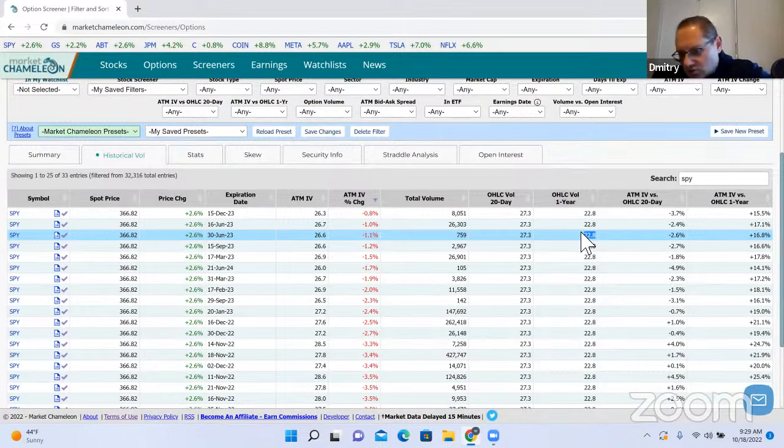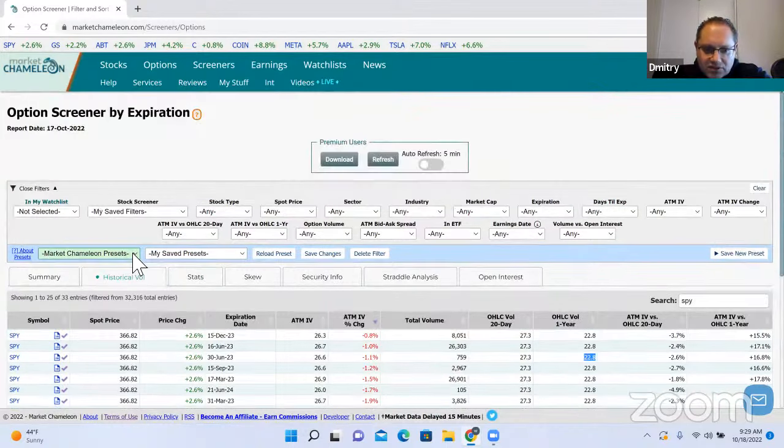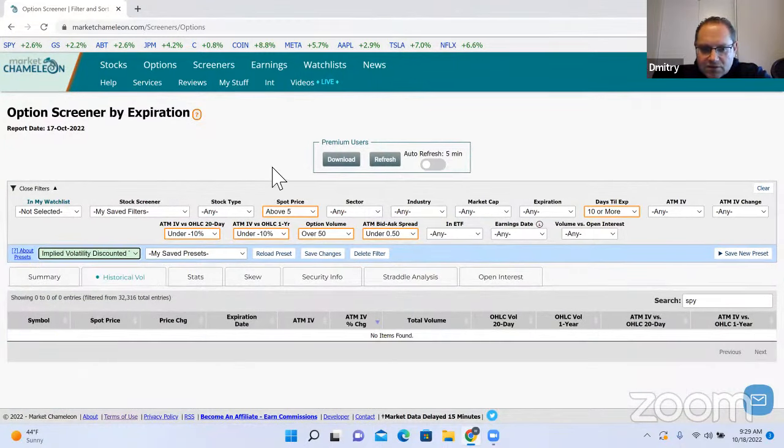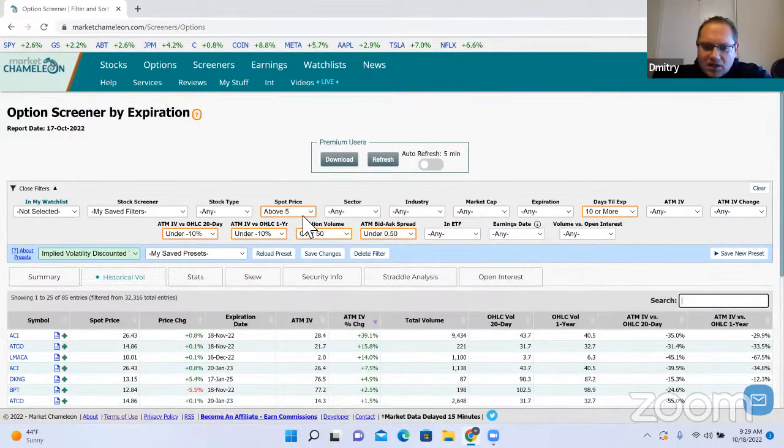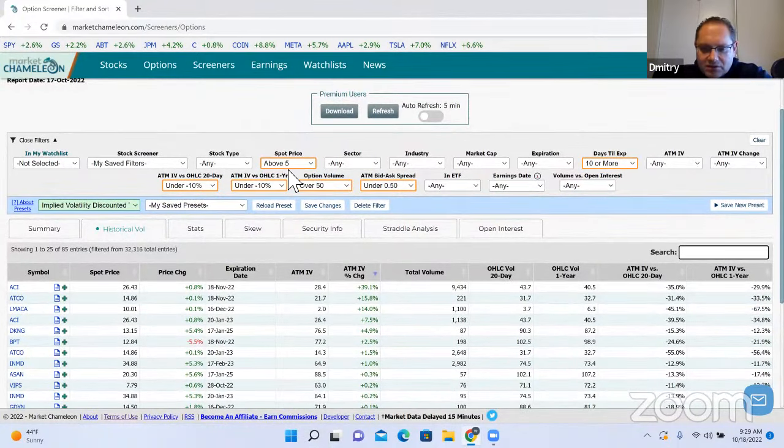Let's use these filters real quick, and I'm going to go to my default filter down here and look for implied volatility that's a discount to historical. Let me remove SPY here. A couple things I have set: the stock price should be above $5. You know what?